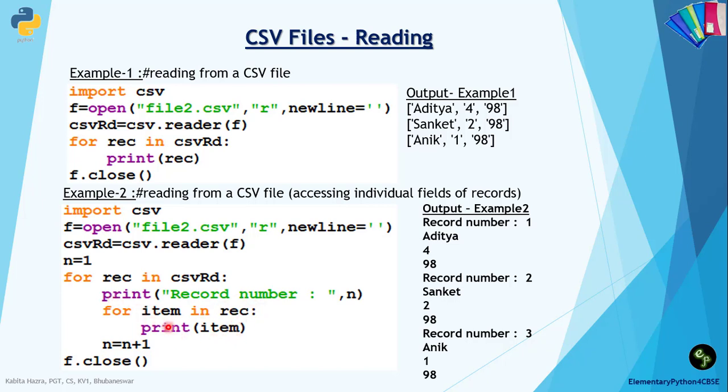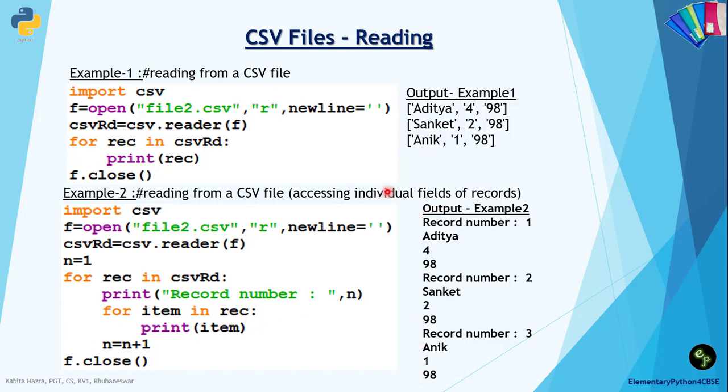We have used another loop inside the main loop where we are reading different records from the CSV reader object, so that we get individual item from the record. And once we have displayed a particular record, we are increasing the counter. So this will continue till there are records to be read from the reader object. Finally we are closing the file. So this will be the output.